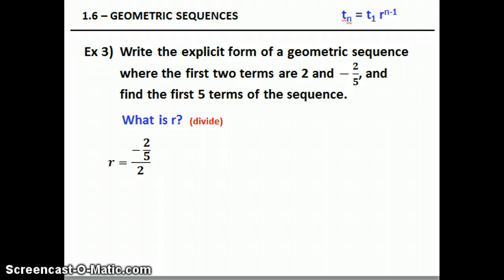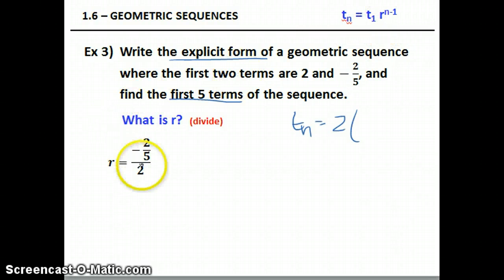This one is a little bit more complicated because it looks like we've got fractions, but we want an explicit form of the geometric sequence where the first two terms are 2 and -2/5, and we want the first 5 terms of that sequence. So we need two things here. We need an explicit form, and we need the first 5 terms. Well, our explicit form is going to be T sub n equals our first term, 2, times r.